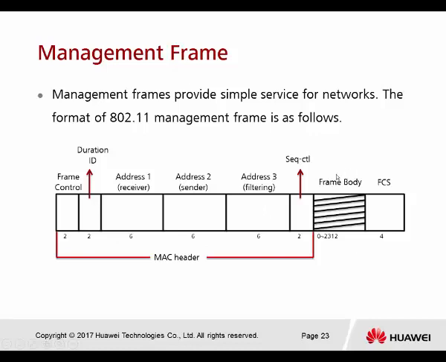Oh, sorry, there's no number 4, because number 4 is for the data frame. And this is the sequence control. This is used for frames like the authentication frame, association, the beacon and the probe request frame. All belong to management.